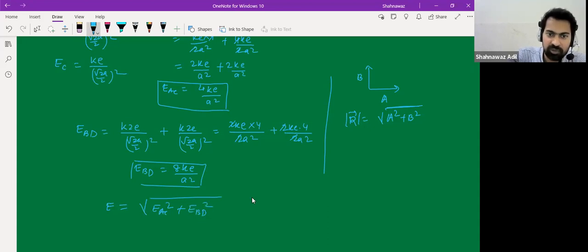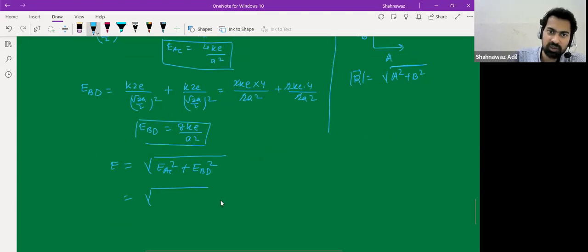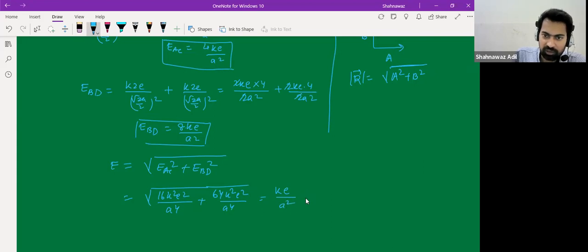So this would be, AC is 4KE, so this is 16 K square E square by A to the power 4, and BD is 8, so 64 K square E square by A to the power 4. So K square E square by A to the power 4 is common, so we can take it outside the root, and that would be KE by A squared.